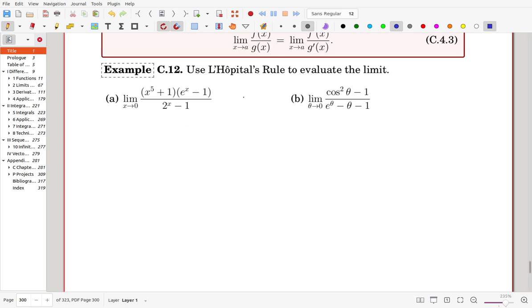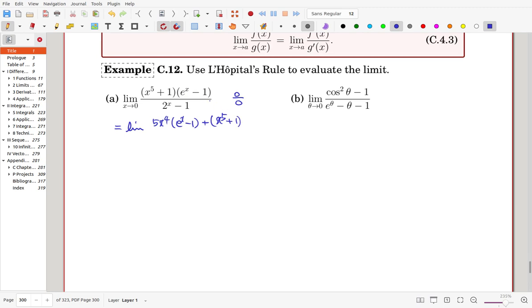So this is the 0 over 0 form. So that is the same as the limit of the derivatives of these, which is 5x to the 4 over e to the x minus 1 plus x to the 5 plus 1.